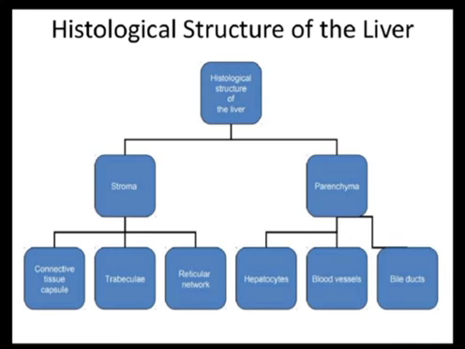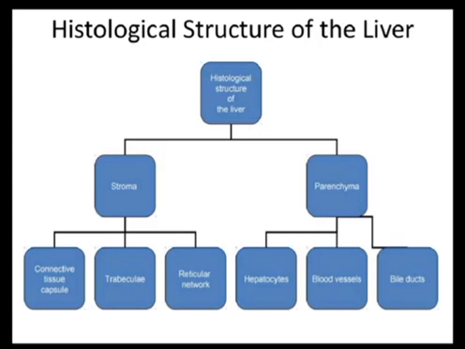If we talk about the histological structure of the liver, it is made up of the stroma and the parenchyma, as all the glands have a stroma and a parenchyma. Stroma is the connective tissue, that is the capsule, the trabeculae, and the reticular network in which the parenchymatous tissue, that is the hepatocytes, lies.